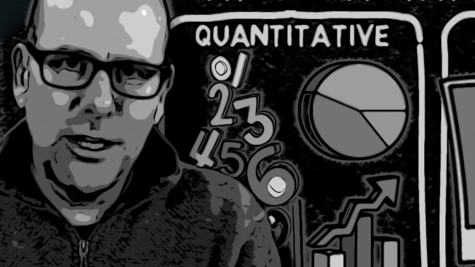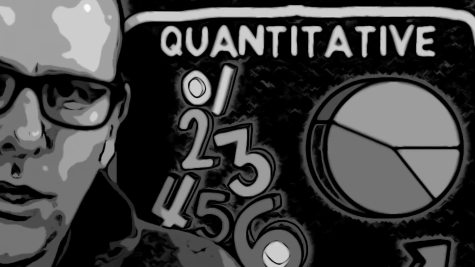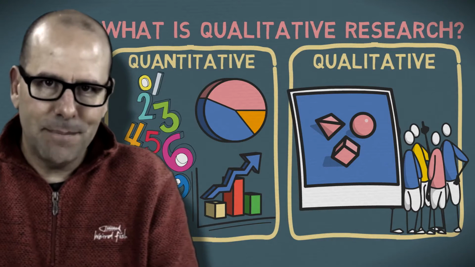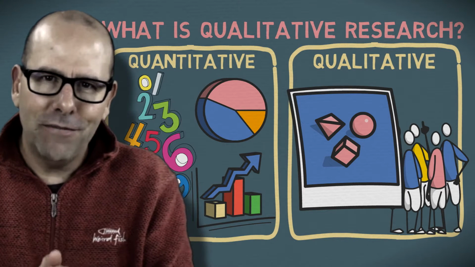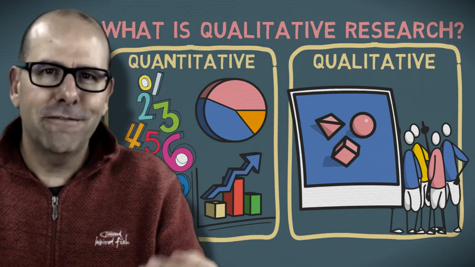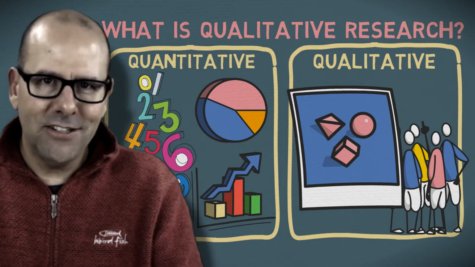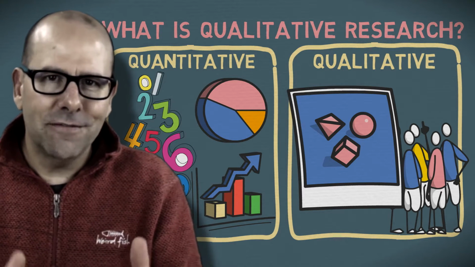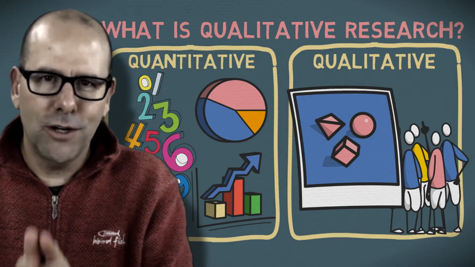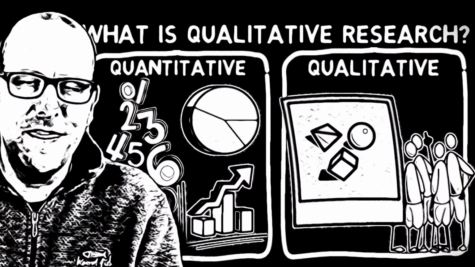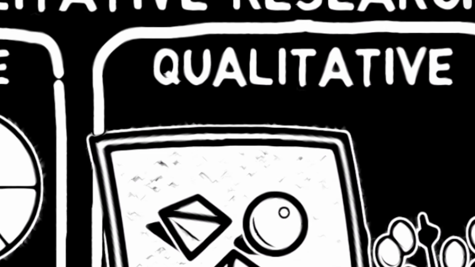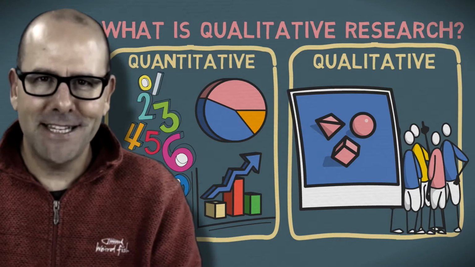We've counted it up. It's a quantity. If, however, I was interested in how those patients felt about their treatment, there's not a number there. I need to speak to them. I need to extract a different kind of data from them. And that is what we call qualitative research. Got it? Okay, let's keep going.